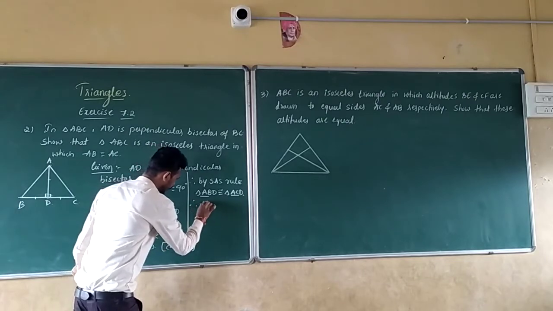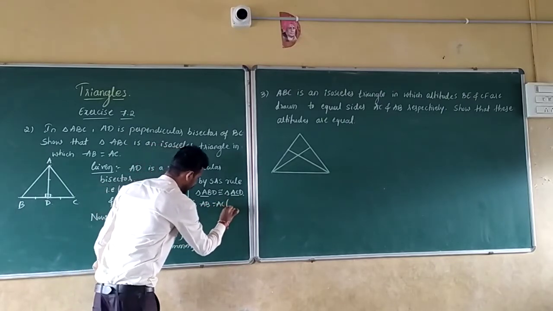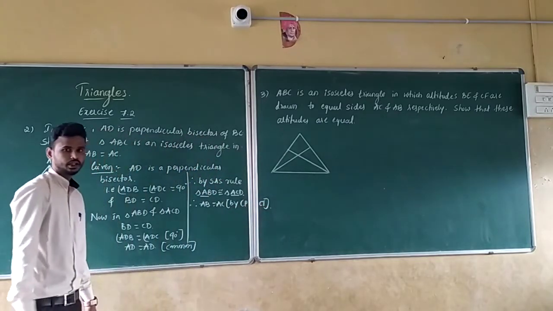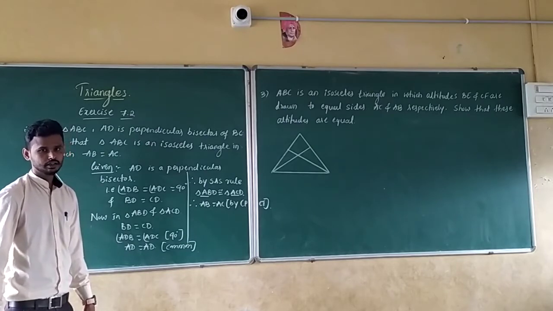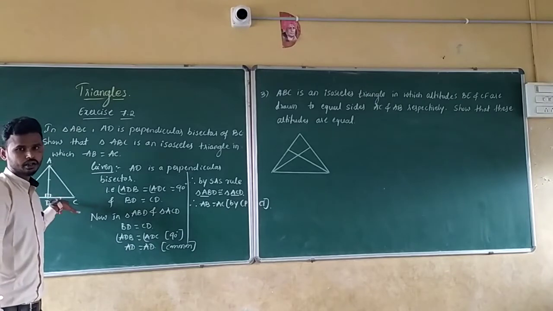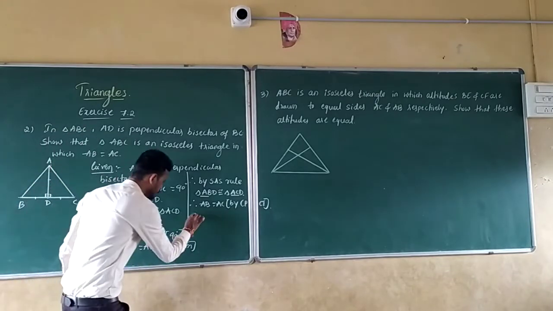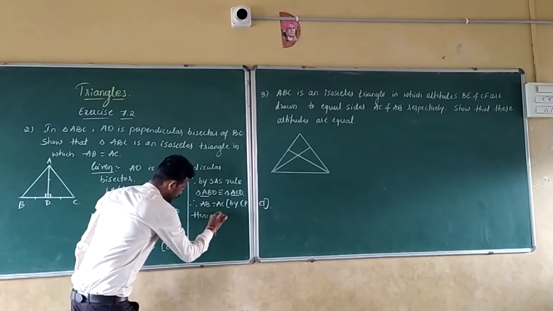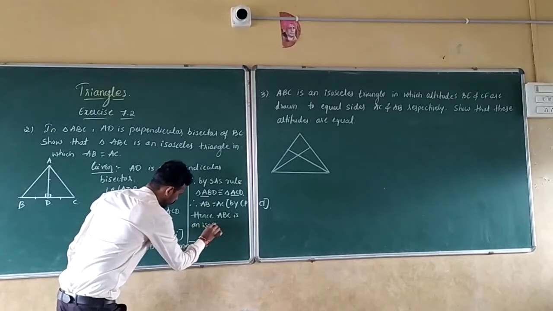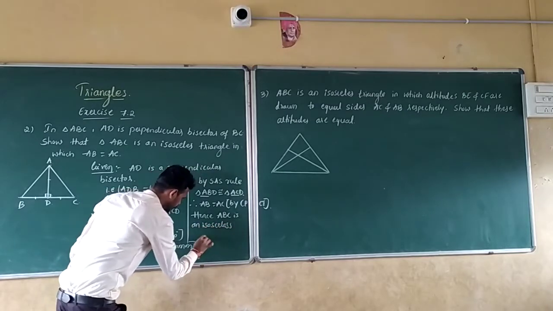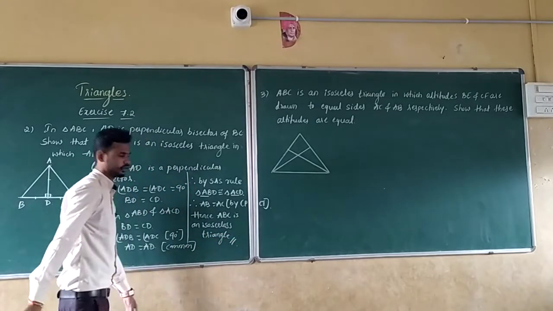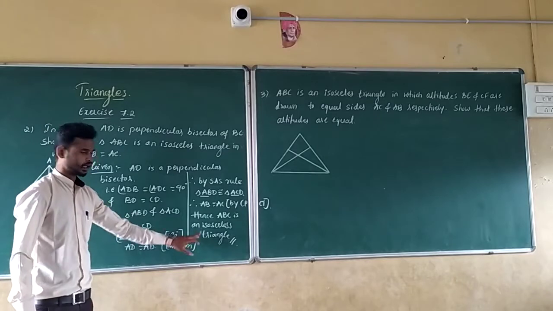Therefore, AB is equal to AC, by CPCT, corresponding parts of congruent triangles. If two sides of a triangle are equal, then that triangle will become what? An isosceles triangle. Hence, ABC is an isosceles triangle.